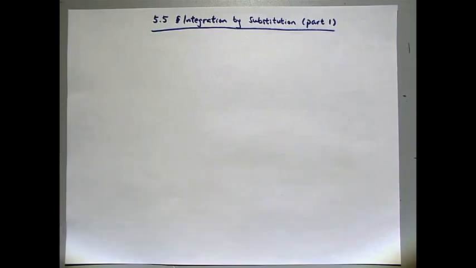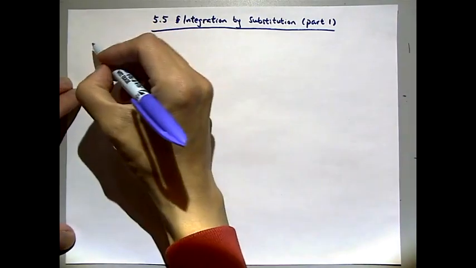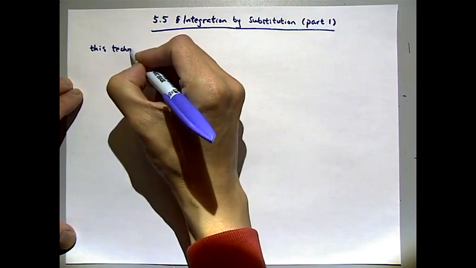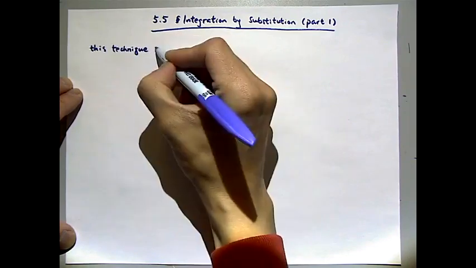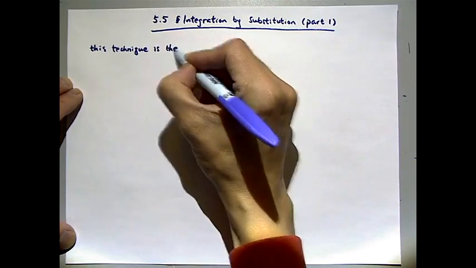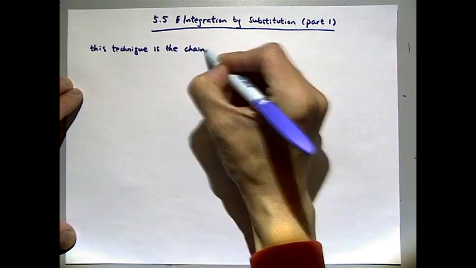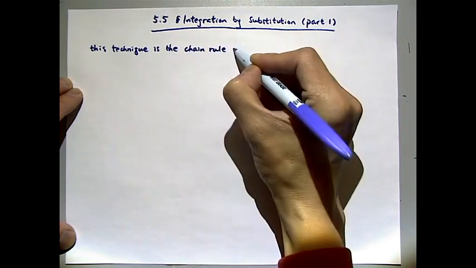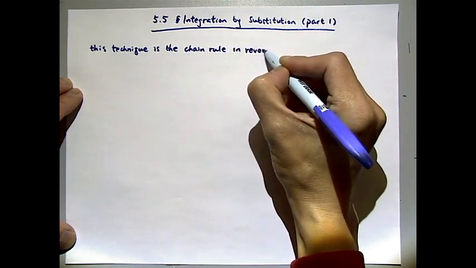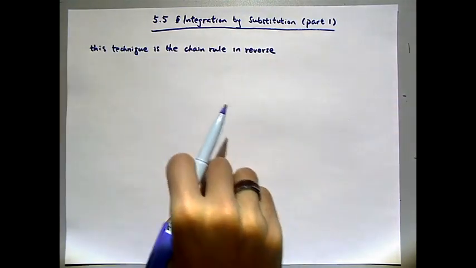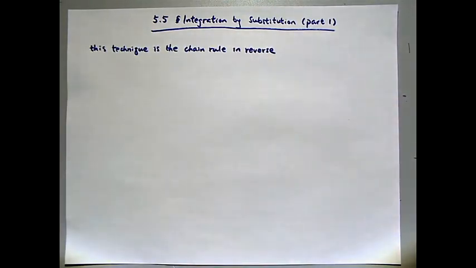What this is actually is the chain rule in reverse. This is what happens when you receive a derivative of something that you had to use the chain rule to get, and you want to undo that layer of chain rule to get back to the original function.